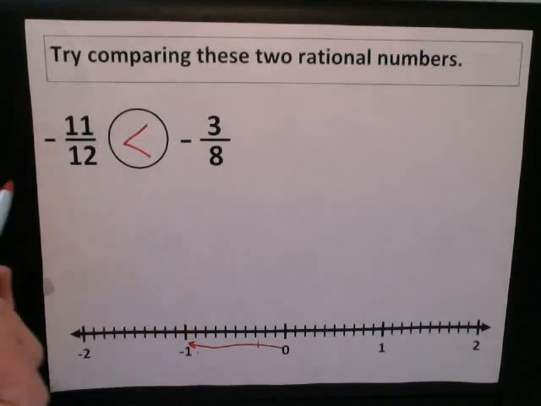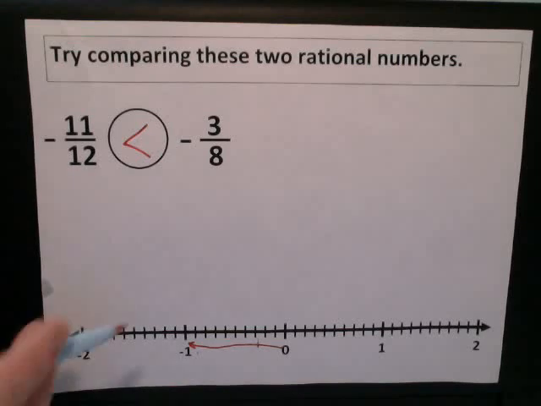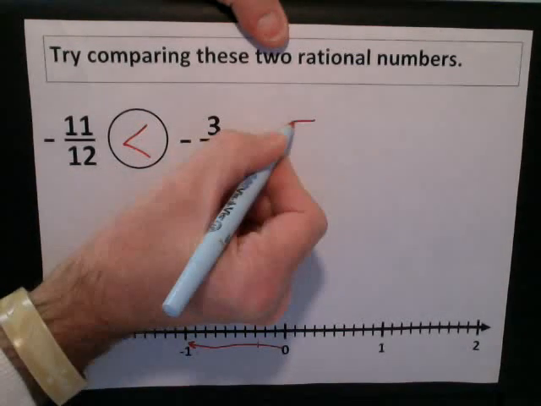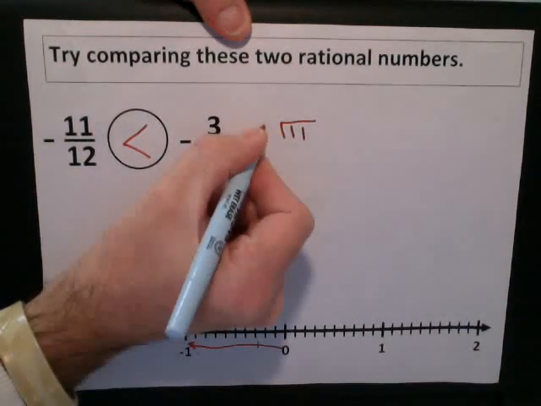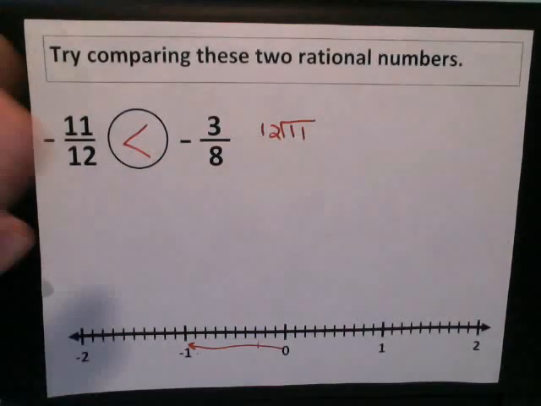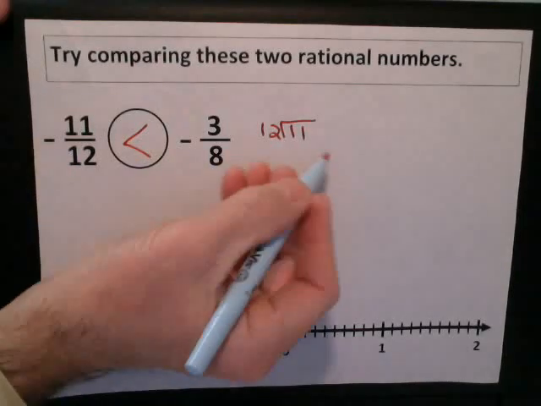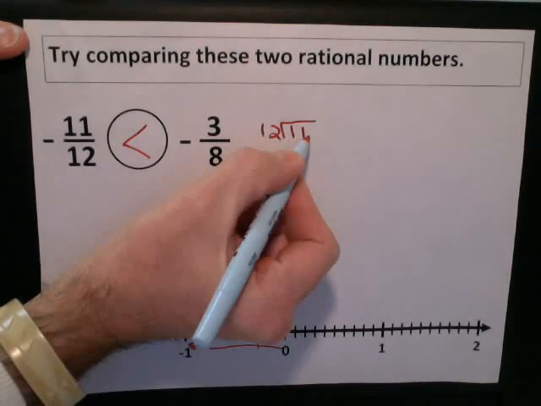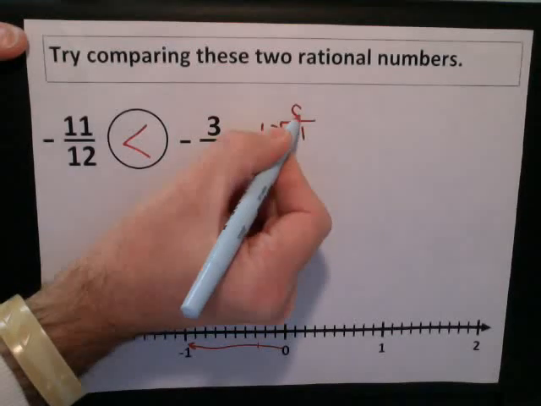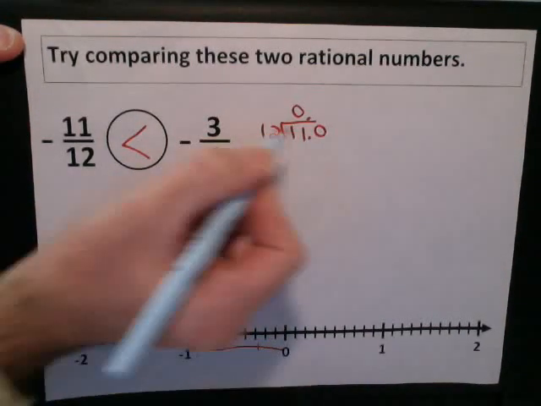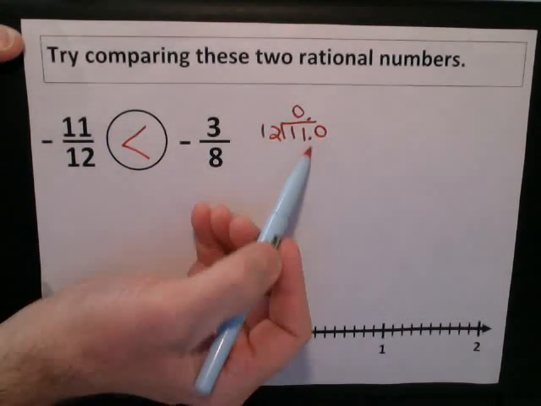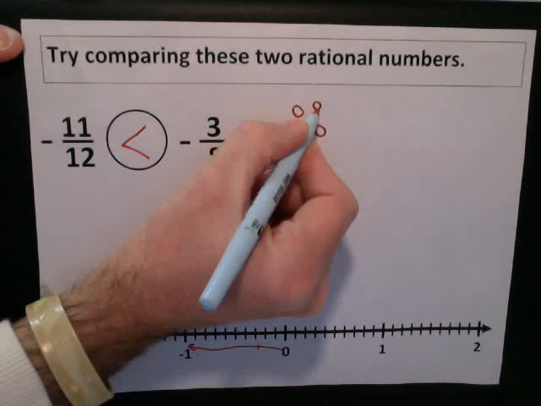So here's what we're going to do. Just to be sure, I'm going to do the division. I'm going to take 11 and divide it by 12, because I want to show you a little trick here. 12 cannot go into 11. So we're going to put a decimal point in there and a decimal point in our quotient and annex a 0. 12 into 110 will go 9 times.